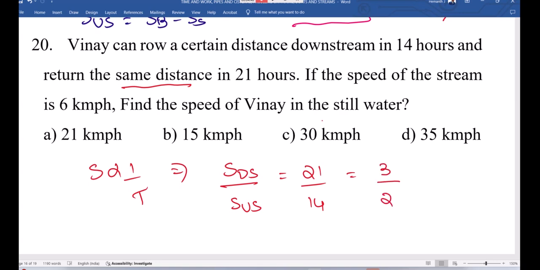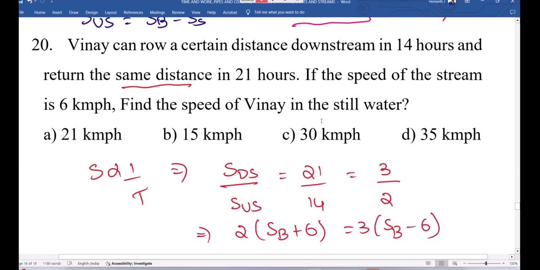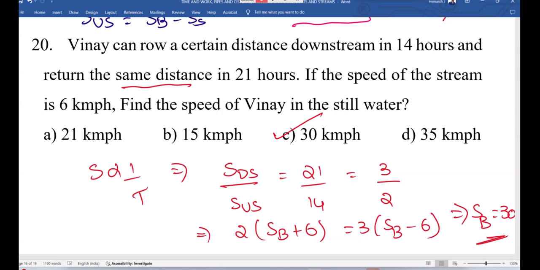Now cross multiply: 2 times (SB plus 6) is 3 times (SB minus 6). Difference is 3SB minus 2SB, SB, equals 12 plus 18. 12 plus 18, 30 is the answer. Speed of boat is 30, nothing but the speed of Vinay is 30.